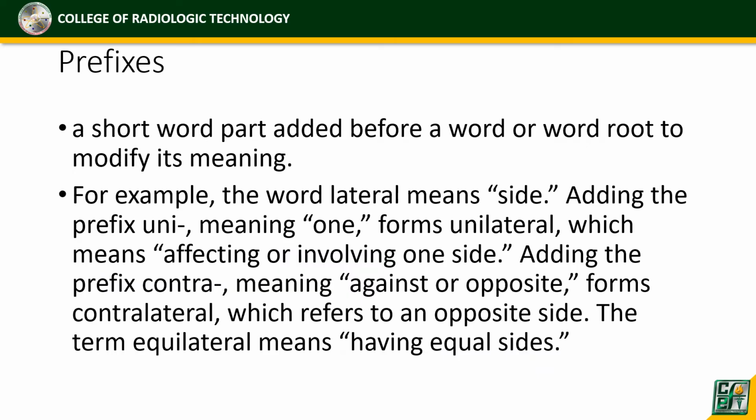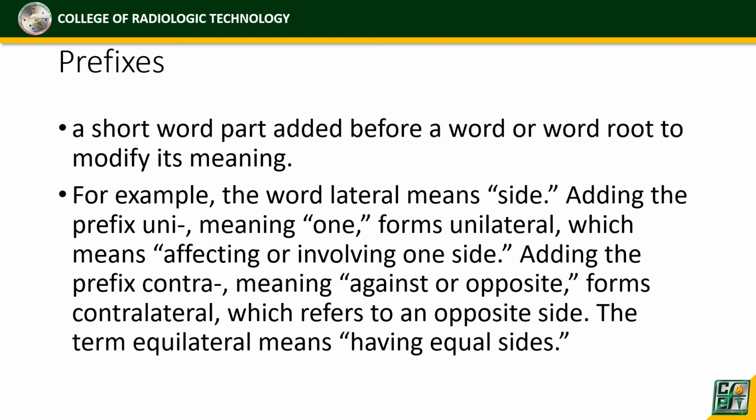And now we go to the prefixes. These are words or letters attached at the beginning of the root word to modify its meaning. For example, the word lateral means side. Adding the prefix uni, meaning one, forms unilateral, which means affecting or involving one side.